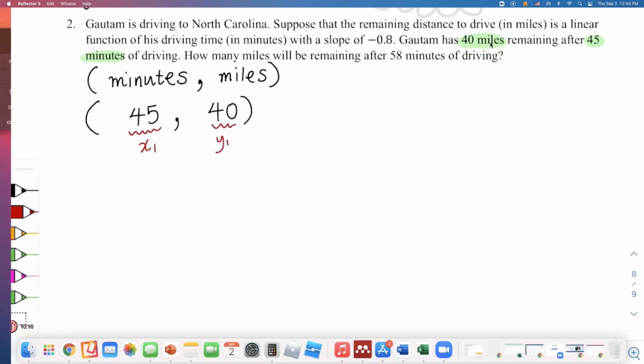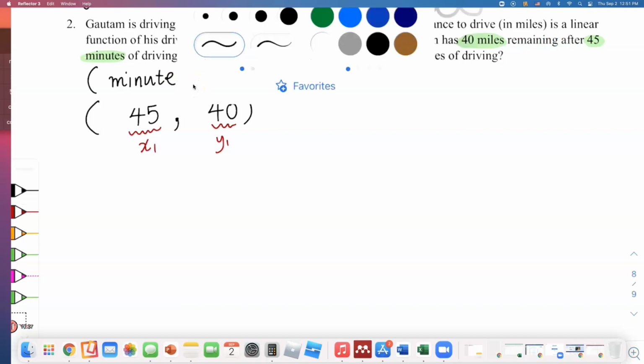I can see someone accidentally switching these two because if you're not being careful, the way the sentence is written, they gave us the output value first, okay? But because miles depend on the number of minutes, minutes should be the input variable here, okay? Now, I think I forgot to highlight one important number.